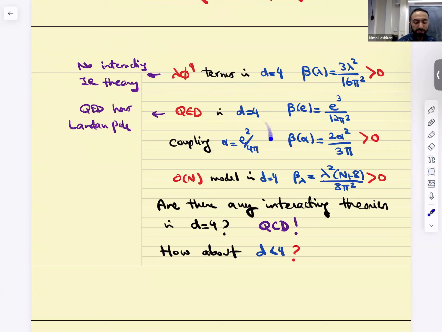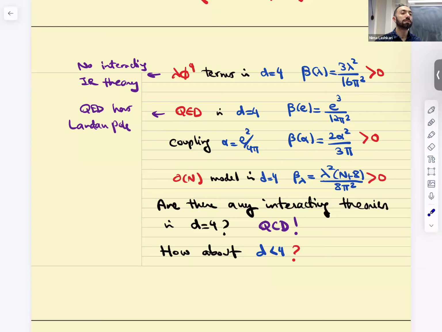Well, we often write the coupling in terms of the alpha parameter, e squared over 4 pi, which was the coefficient of the electric potential, right? If you write it in terms of this, beta of alpha is 2 alpha squared over 3 pi. So a second order term, beta 2 is positive, irrelevant, and it has a Landau pole, right? So QED in 4 dimensions is pretty bad.